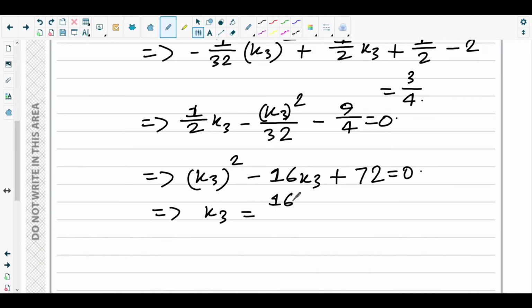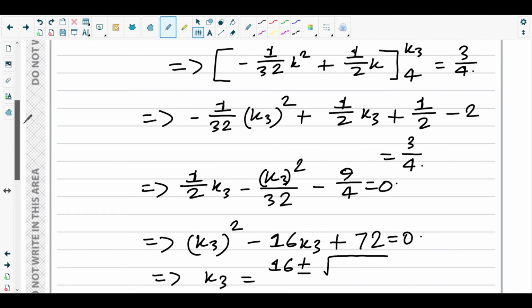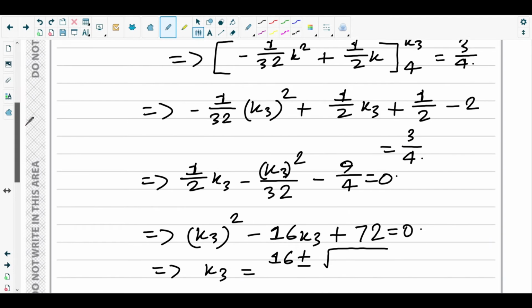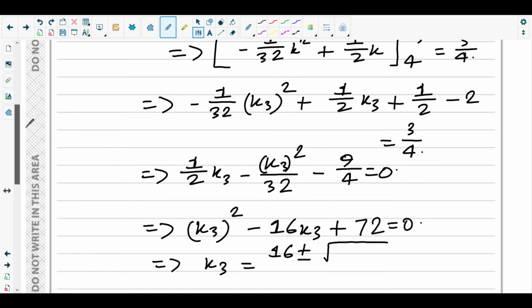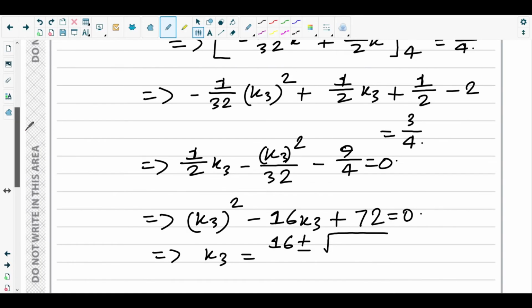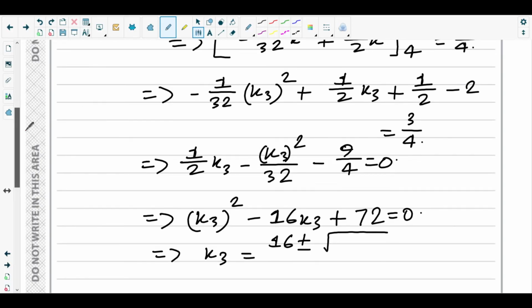Minus b plus minus square root of b squared. b squared is 16 squared minus 4 times 72. That gives -32. Okay, I think it becomes minus, then plus, positive x3 whole squared, -16.